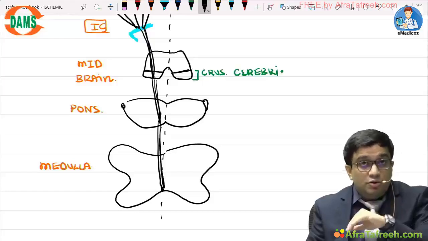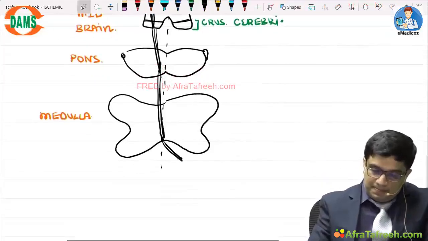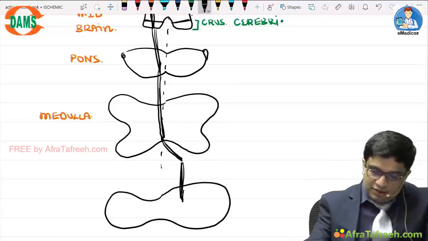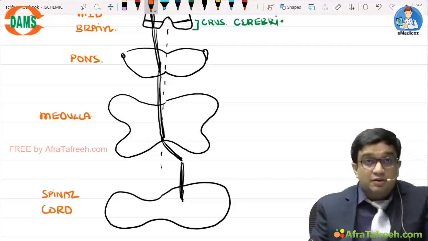Now at the lower part of the medulla, all this is going to cross the midline and come down into the structure which I know as the spinal cord, right?